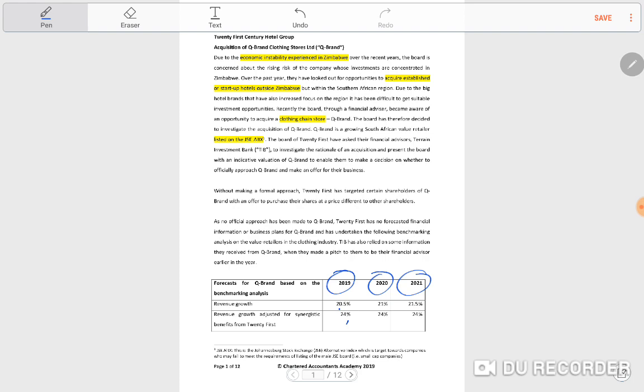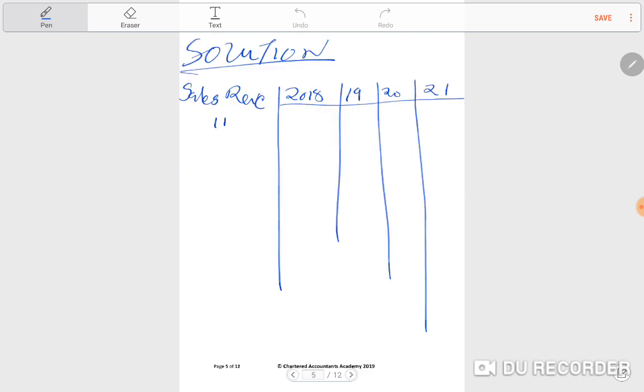Since we are determining the maximum price, what is the maximum value he is going to pay? 21st will only pay a maximum that includes synergistic benefits. 21st will not pay anything above the value that he gets after adding synergistic benefits. So we're going to be using 24% to adjust our revenue. So we take our 97 here, then we multiply it by 1.24, which is growing it.